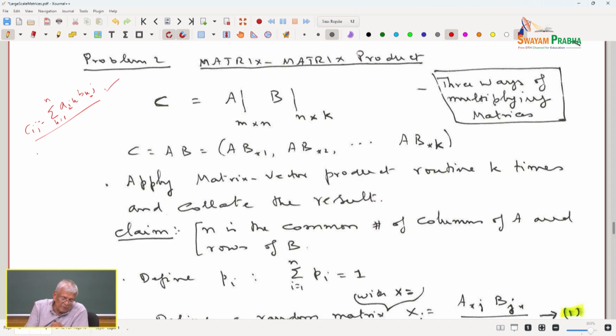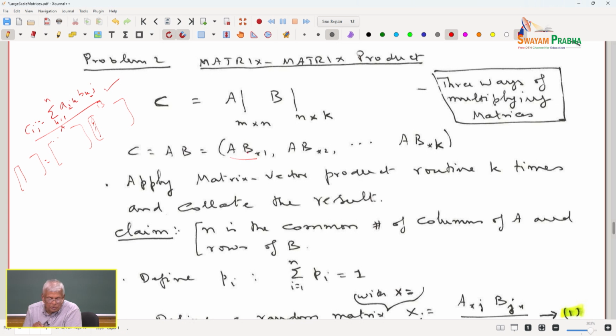A matrix product can also be thought of this way: this is C, this is A, this is B. The first column of the product is obtained by taking the first column of B: you multiply the first column of A with the first element of the first column of B, the second column of A with the second element of that column of B, and so on.